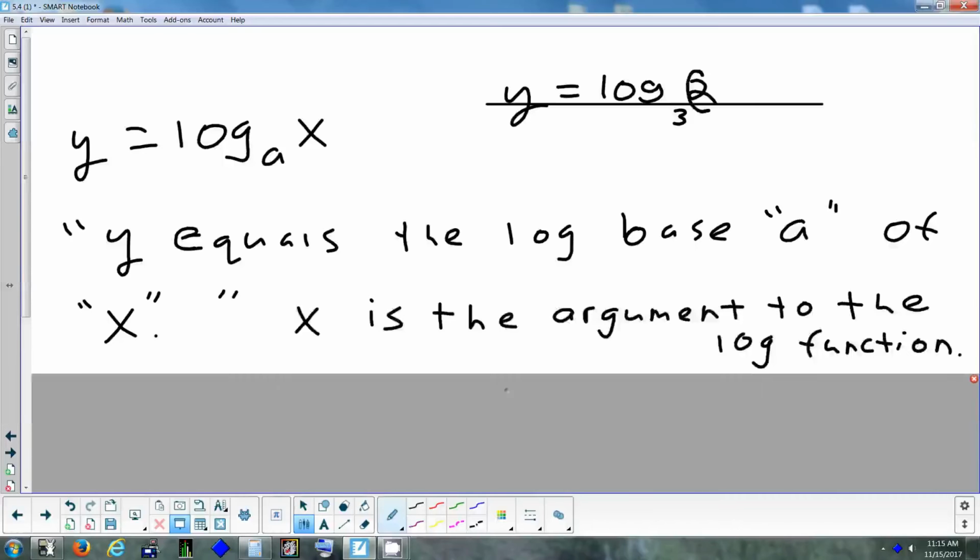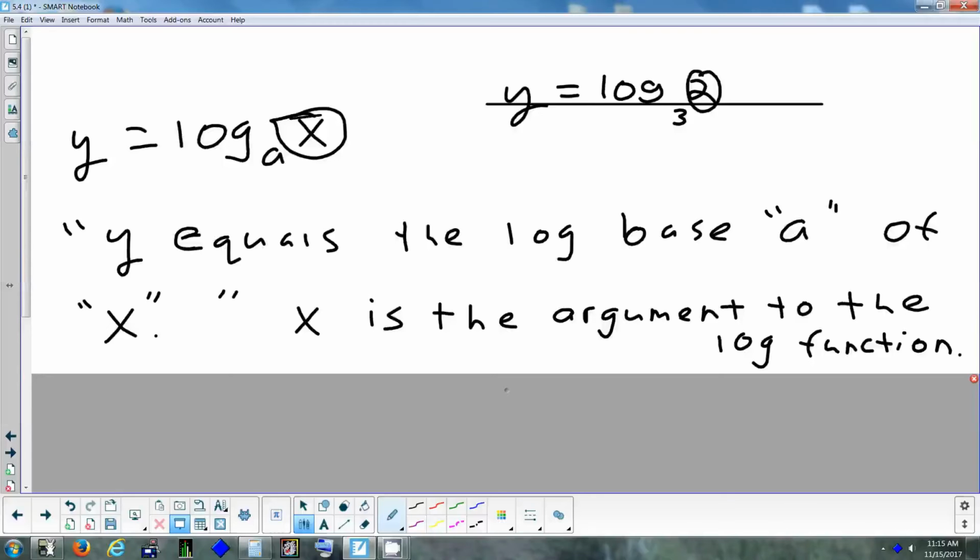In the original problem, the x is called your argument. All that means is it's the thing that you're plugging into the log. It's what are you taking the log of? In the problem on the left, you're taking the log of x. In the problem on the right, you're taking the log of 2.